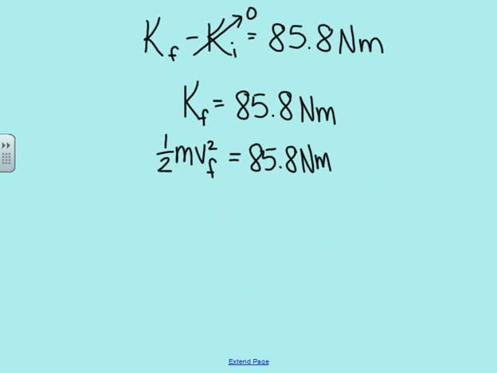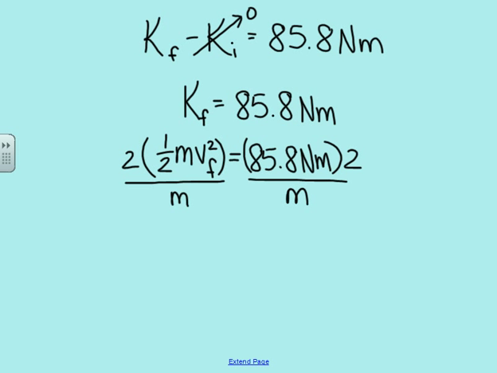The last thing we need to do is solve for velocity. I'll do that by multiplying both sides by 2 and dividing both sides by mass. So I have V final squared equals 2 times 85.8 Newton meters divided by mass.